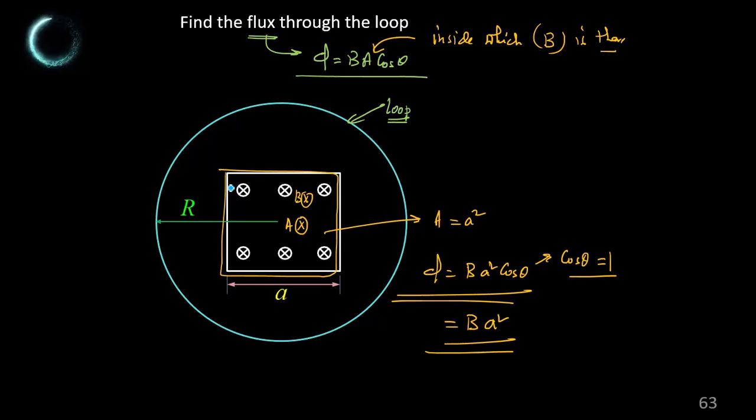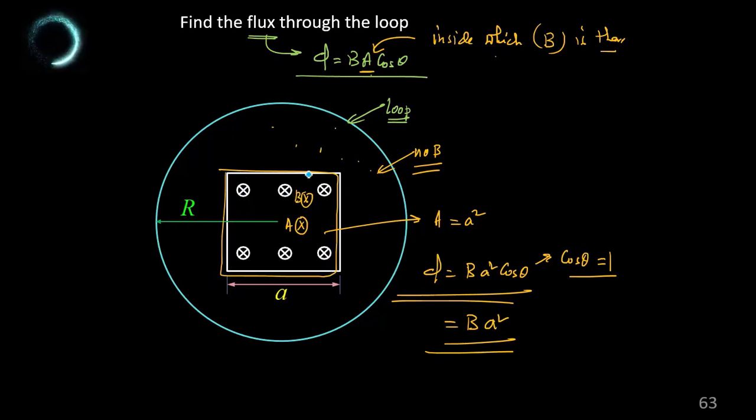So every time whenever I am doing the calculation for the flux, the formula is B into A into cos theta. What is that A? That A is the area inside which the magnetic field is there. In this region there is no magnetic field, no B, so that area you don't have to take. Only take that particular area inside which the magnetic field is there.